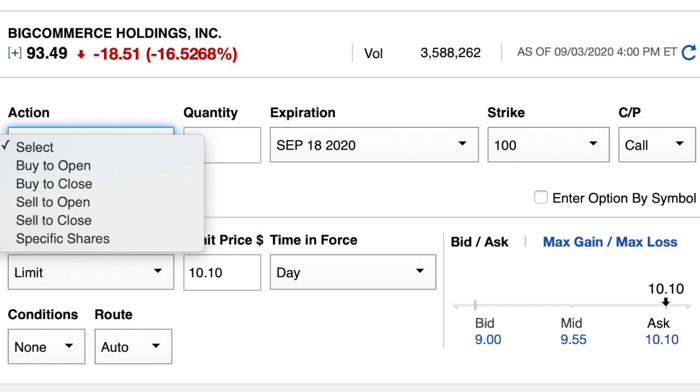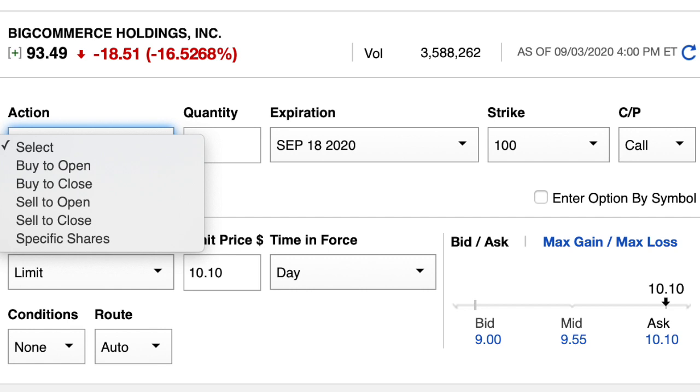In buy to close, sometimes people do that because they want to lock in a gain, or they want to protect themselves from having to sell the 100 shares and possible tax implications. So that's why people will buy to close.